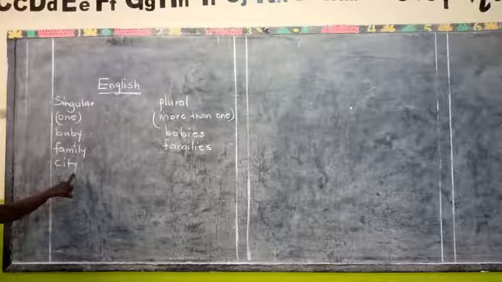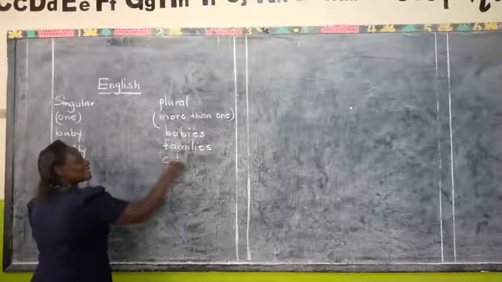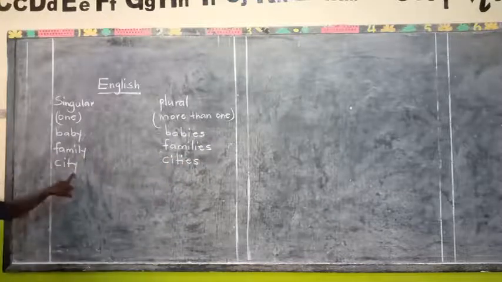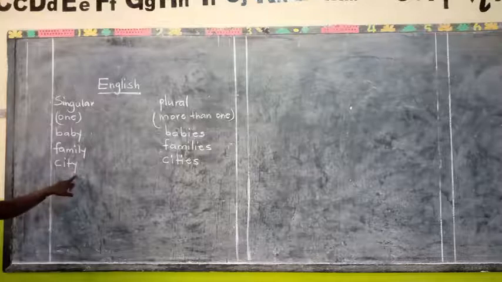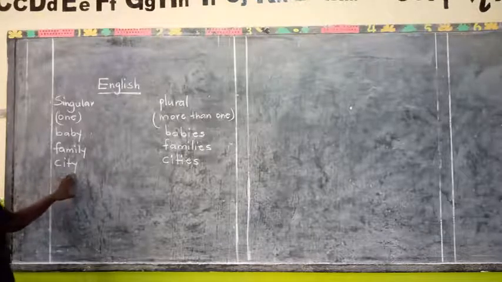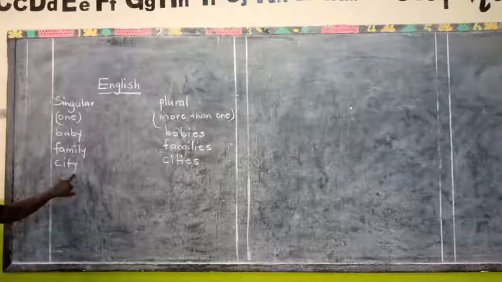What about when they are more than one? We call them cities. This letter Y is no longer seen. Instead, it is being replaced with those three letters, IES.